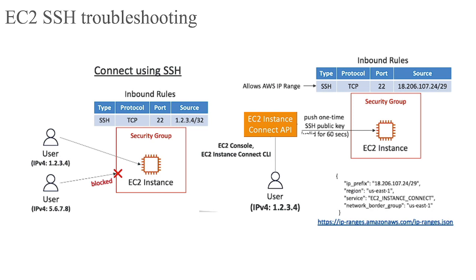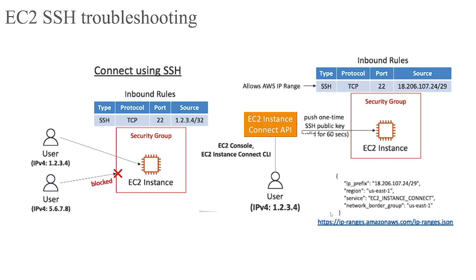Next, whenever you are connecting to EC2 for SSH troubleshooting with a permanent key, if you are not a user with the correct IP address, then the security group would not allow you to connect to the EC2 instance. Next, whenever you connect to an EC2 instance with the API, in every region you get an IP prefix.